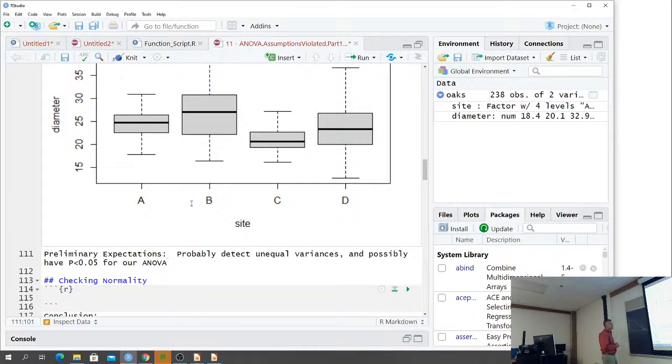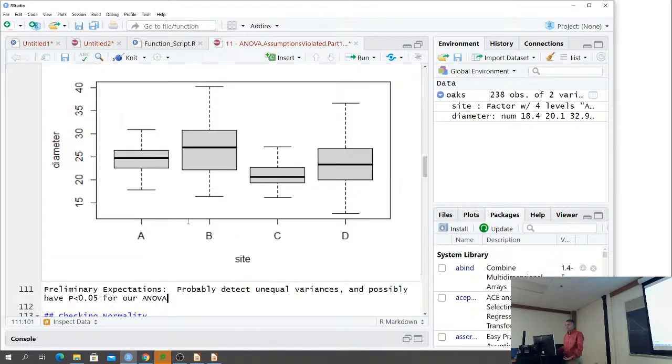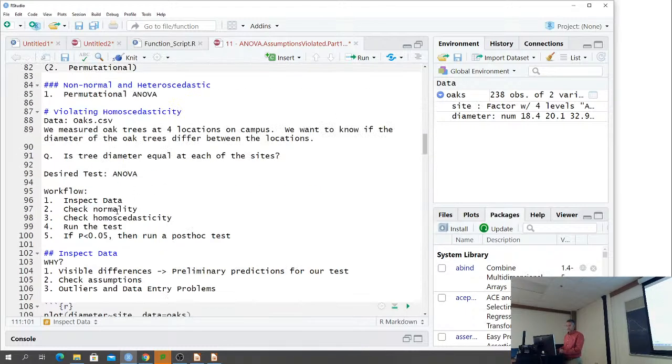We might not run an ANOVA, but we're getting across that we might have unequal variances, and when we do the appropriate test for our assessment of the means, we might find a difference. So we looked at our data. That was step one, inspect the data. Now go ahead and check normality and check homoscedasticity. You should be able to do that. I left your boxes to go through and do that.